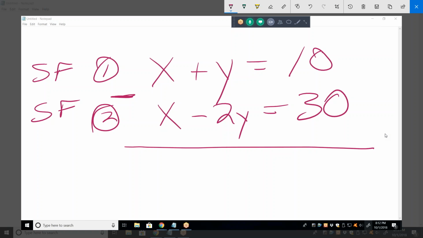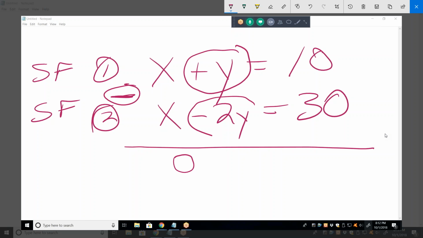Go ahead and do it piece by piece. What is x minus x? Well, x minus x is 0. Okay, we eliminated x. Now what is y minus a negative 2y? In other words, you have to take that and subtract negative 2y from it.